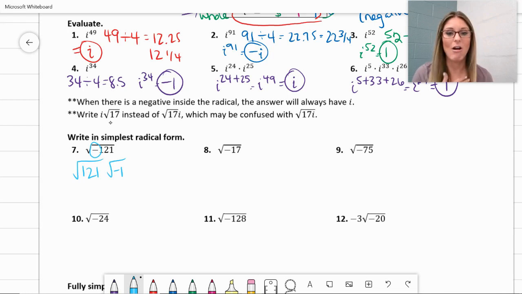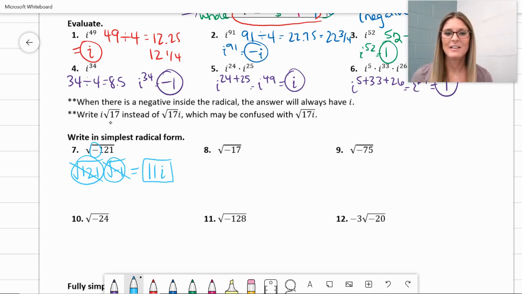Okay, because I know the square root of 121. What's the square root of 121? 11. What's the square root of -1? This is our new thing. Square root of -1 is equal to an i. So this answer here is 11i. The square root of -121 is 11i.